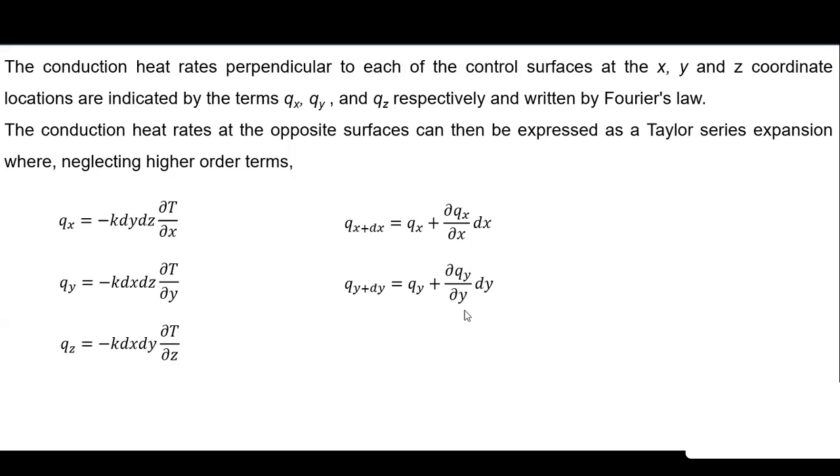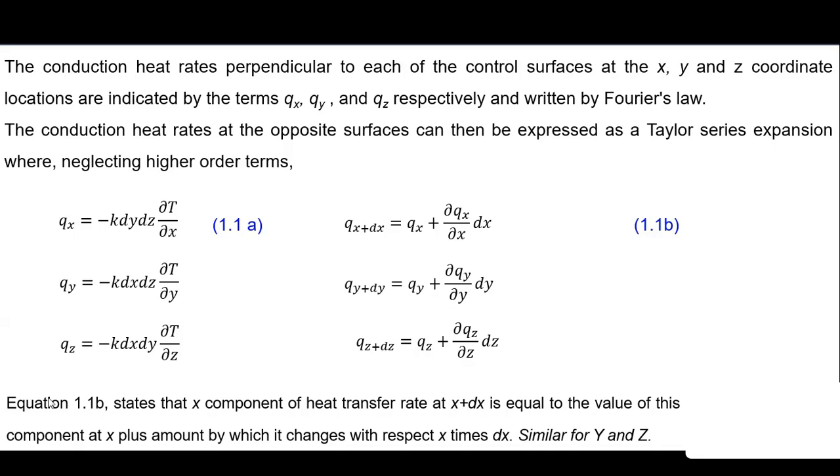Now the same applies for y and z. We can number these equations as 1.1a and 1.1b for x direction, where 1.1b simply states that the x component of heat transfer, that is qx at distance x plus dx, qx plus dx, is equal to the value of this component at x, that is qx, plus the amount by which it changes, that is del qx upon del x, with respect to x times dx in that distance dx.